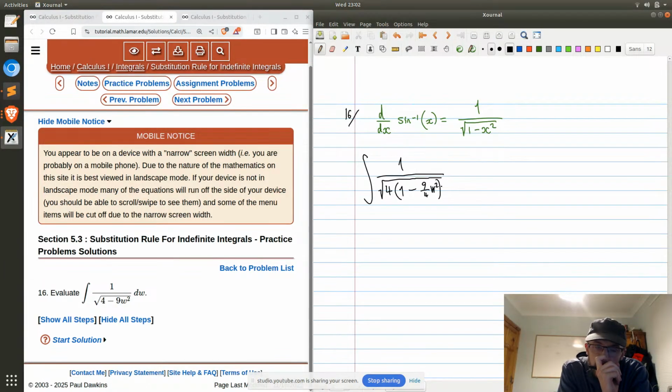Not ultimately, because now I see what to substitute. Because that thing there is 3 over 2, isn't it? I can see it.